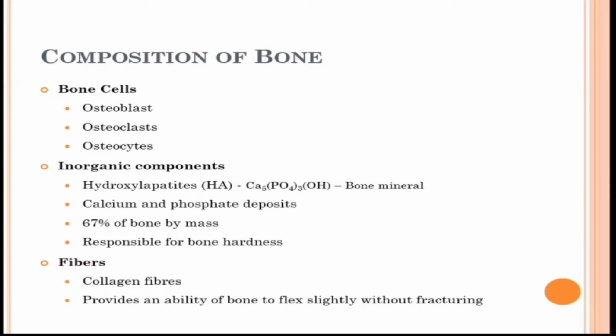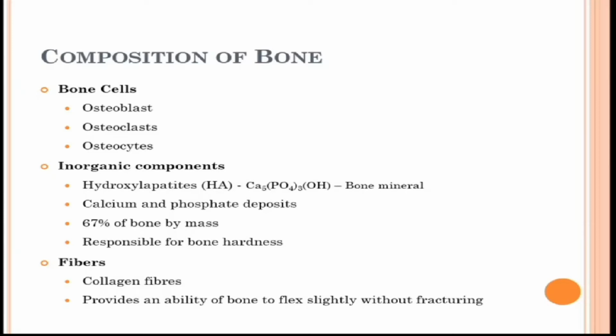Then the osteocytes are the mature osteoblast cells. Once the osteoblast cells continue producing osteoids, they become embedded within that bone material. And once they are embedded, they become matured and are known as osteocytes. And these osteocytes are always enclosed in the smaller spaces like lacuna.